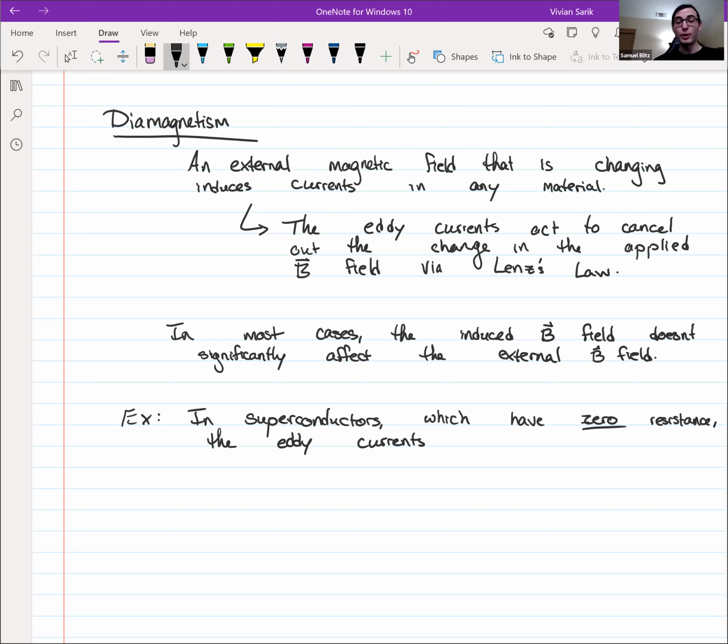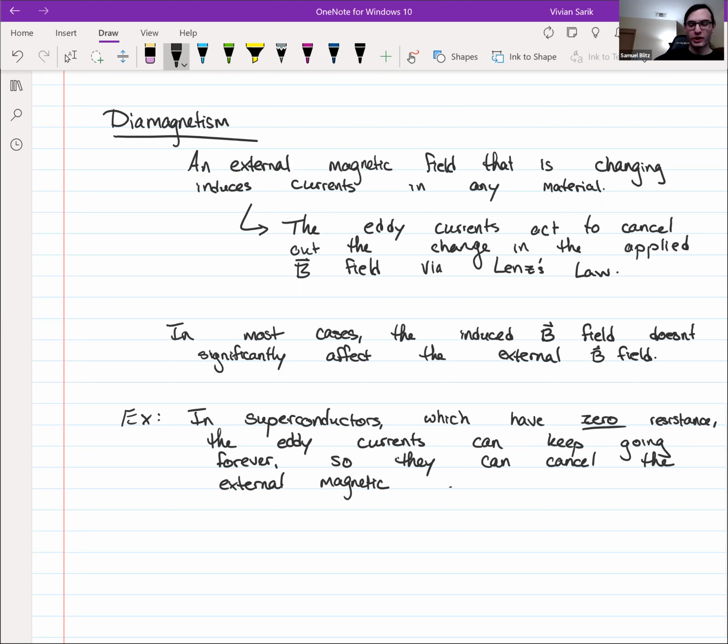But in superconductors, which do have zero resistance, the eddy currents can keep going forever. So they can cancel the magnetic fields forever, at least as long as the superconductor is a superconductor.